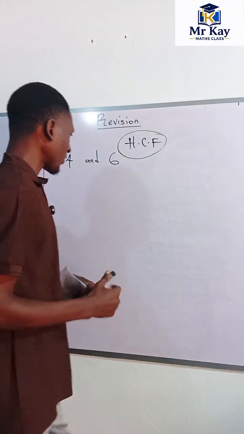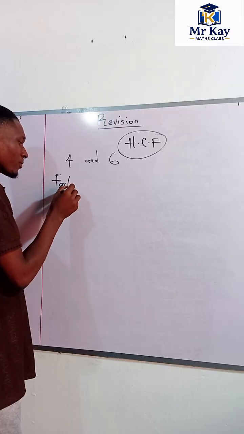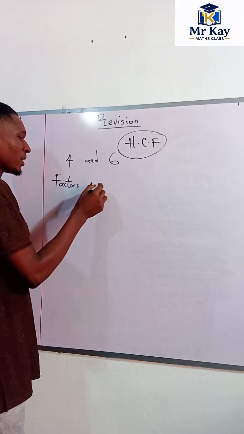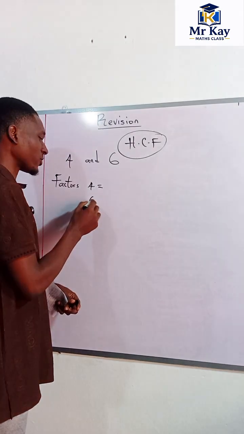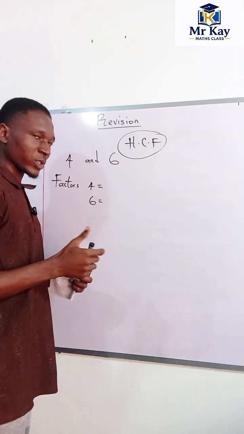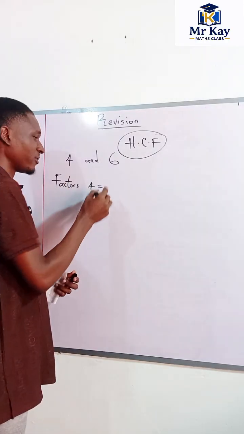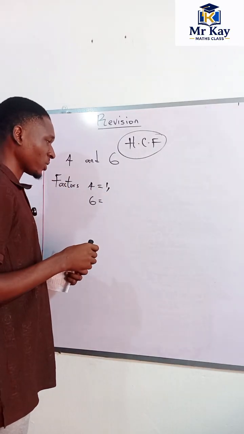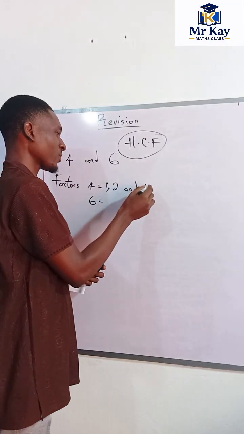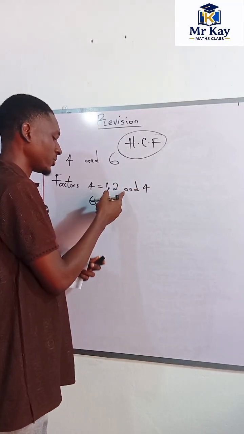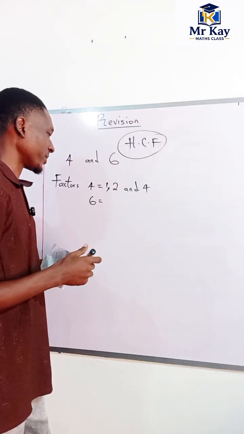So the factors of 4 are those numbers that can divide 4 without remainder, and the factors of 6 are numbers that can divide 6 without remainder. What are those numbers that can divide 4 without remainder? They are 1, 2, and 4. If you divide 4 by 3, there is going to be a remainder. Therefore, we don't use 3.